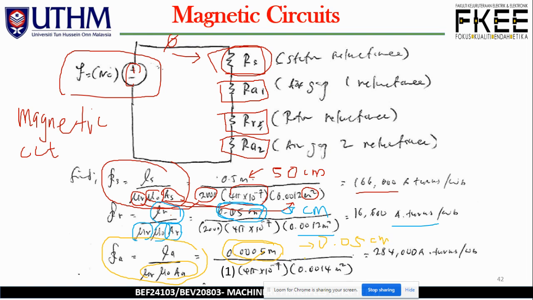This is divided by 1, the mu r, the relative permeability for the air gap. Mu naught is 4 pi times 10 to the power of minus 7, and Aa is 14 centimeter squared. The resulting value of Ra is 284,000 ampere turns per Weber.